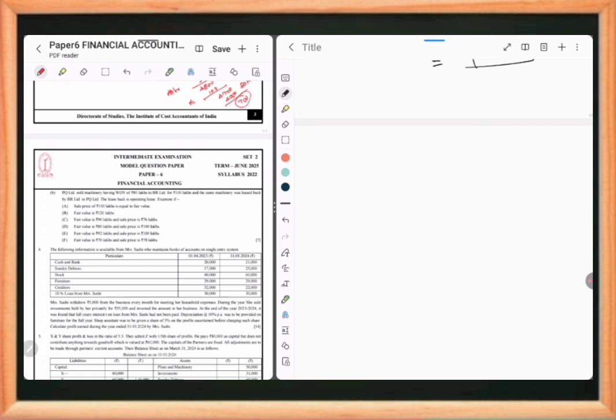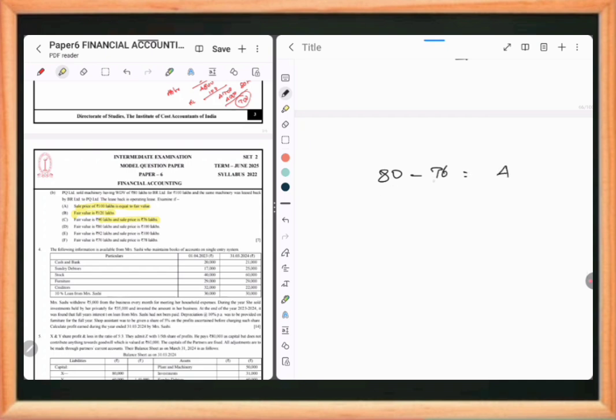So second one. Fair value is 90 lakhs and sales value is 76 lakhs. Fair value 90 lakhs; the written down value is 80 lakhs, but actually the sale value is 76 lakhs. That means 4 lakhs is a loss.